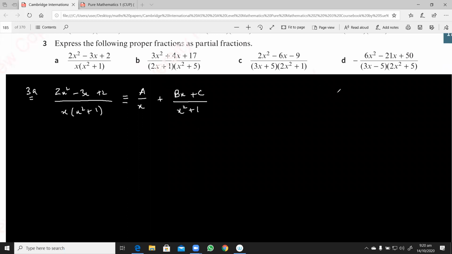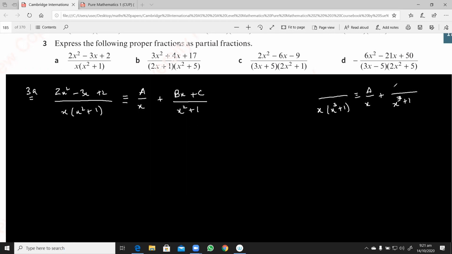Just for the sake of your notes, though you don't have such questions in your syllabus, suppose this was something over x into x cubed plus 1. Then this would be a over x, and guess what would be the numerator for this x cube plus 1?